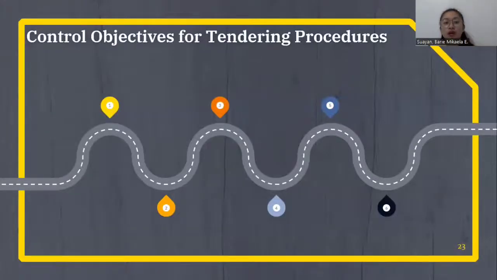Control objectives for tendering procedures. A. To ensure that tendering is the most appropriate and cost-effective form of contractor selection in the circumstances. Like what I have said earlier, tendering means to offer or to present something.